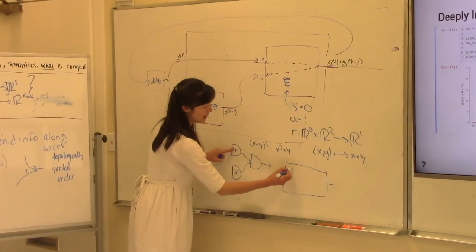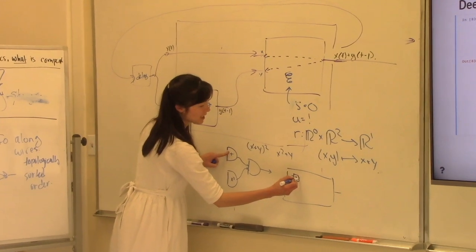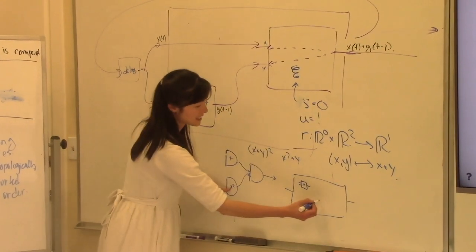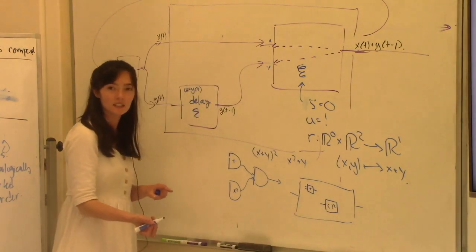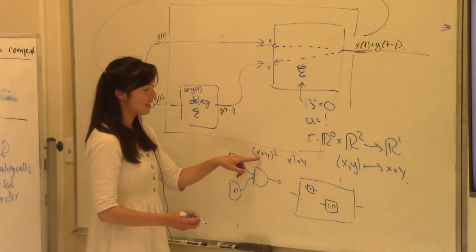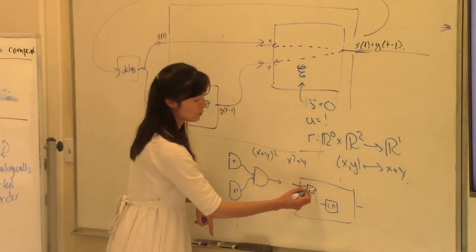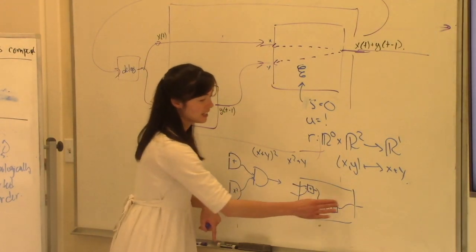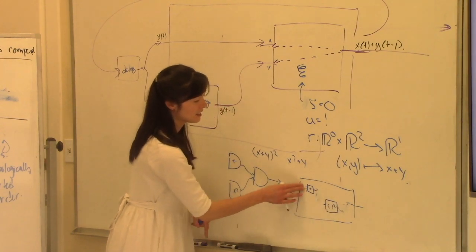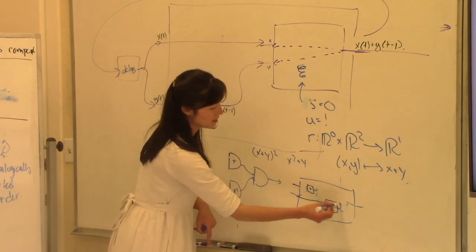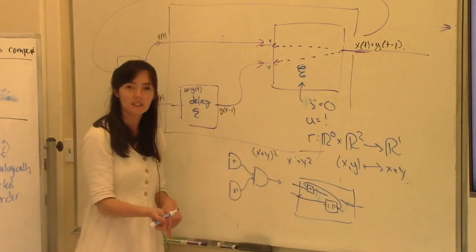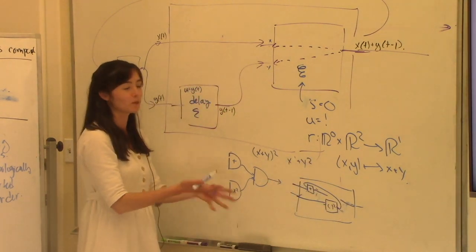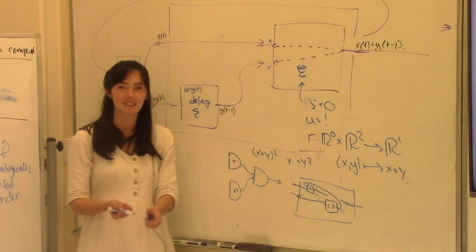Inside, we have a plus box, which takes in two things and outputs one thing, and we have this x squared box, which squares its input. If I wanted to learn this, I want to learn this wiring pattern. And if I wanted to learn this, it's this wiring pattern. So the question is, can we learn these different types of patterns?